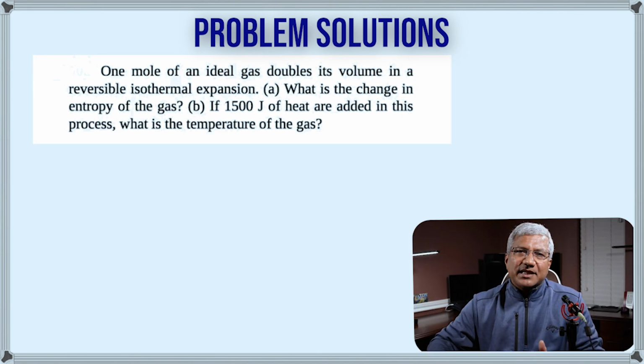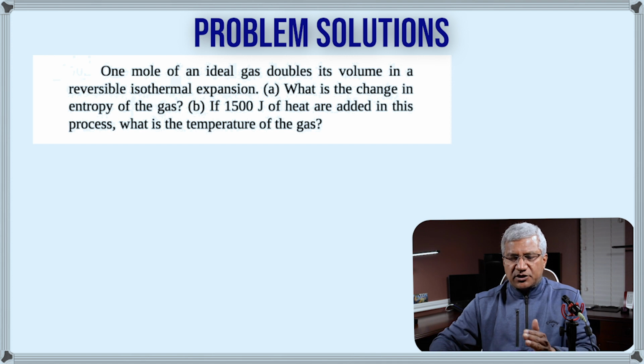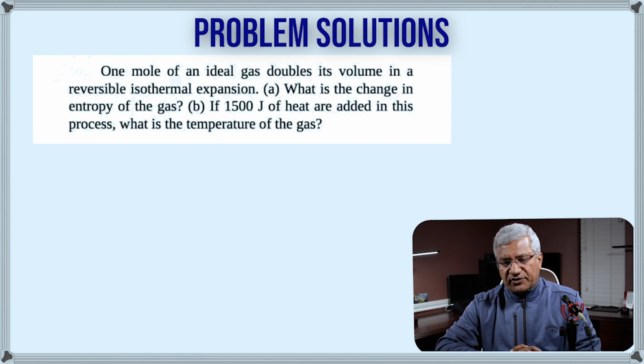Well, although I said that was the last problem, I just want to do one more because this is a very important question. The question says 1 mole of an ideal gas doubles its volume in a reversible isothermal expansion. So it's 1 mole and the volume becomes double, so the gas is expanding, of course. What is the change in entropy of the gas?